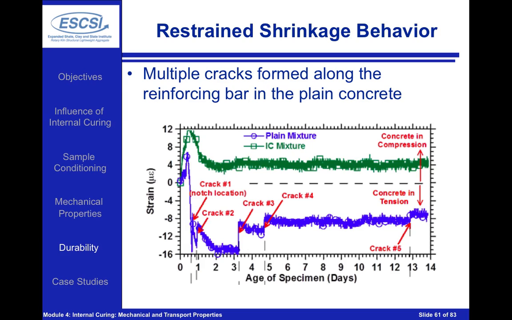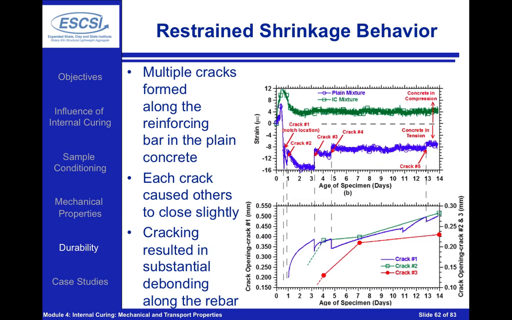So we see cracking very early on at the first day, day 3, day 5, and day 13, developing different cracks along the length of the rebar. So in the plain case, we see multiple cracking, and each time one of these cracks is opening, it's slightly changing the size of the other cracks inside of the system.